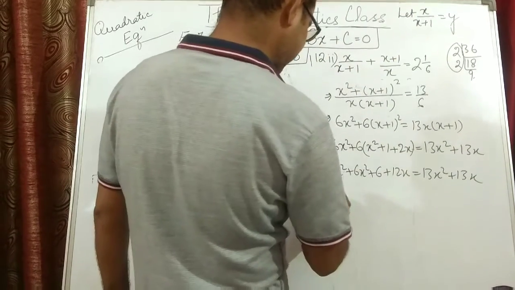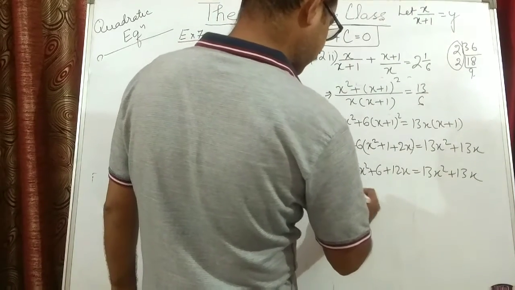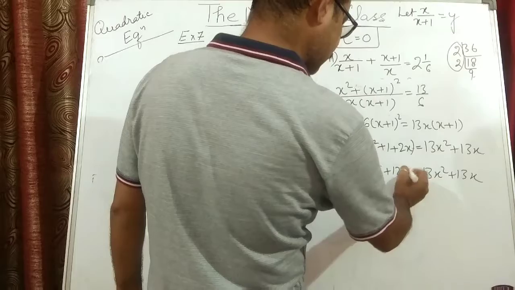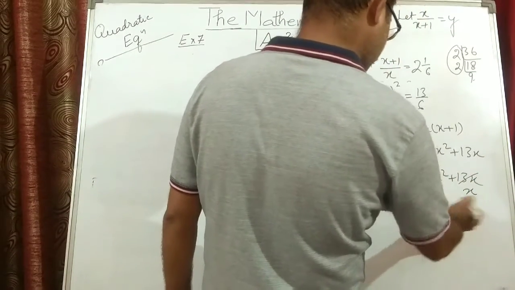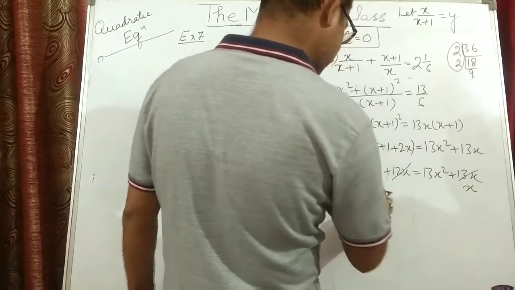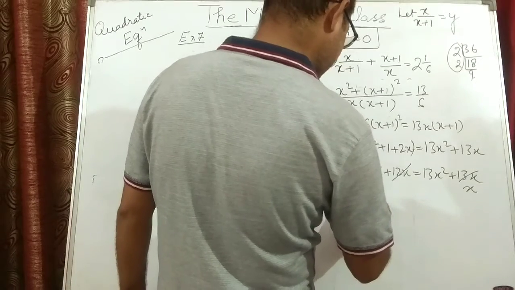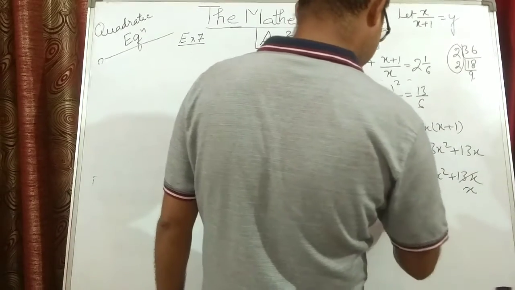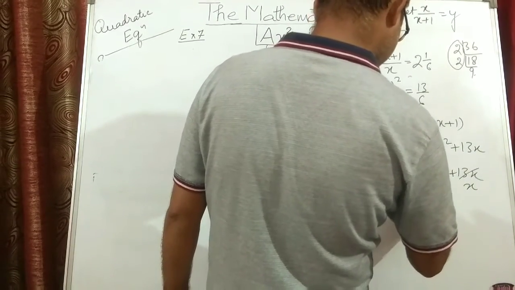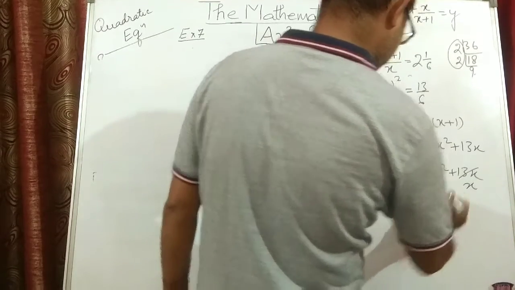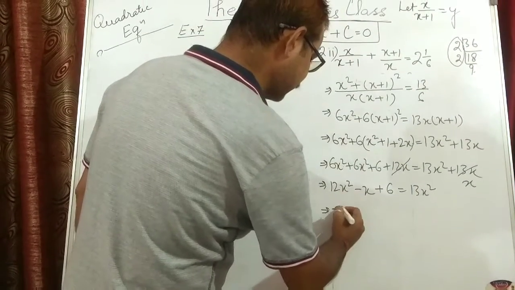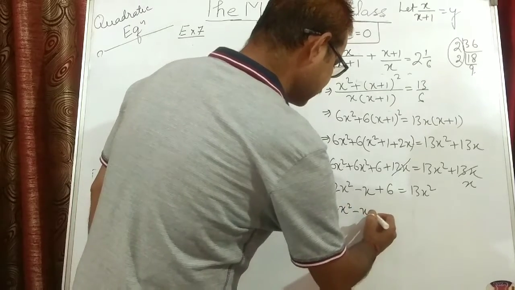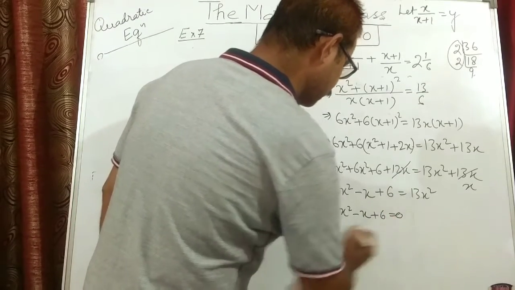Now 6 and 6 makes 12x square, plus this 12x and here 1x is left. So let x come to this side, so it will become minus x and plus 6 is equal to 13x square. 13x square comes to this side, it means minus x square minus x plus 6 is equal to 0.